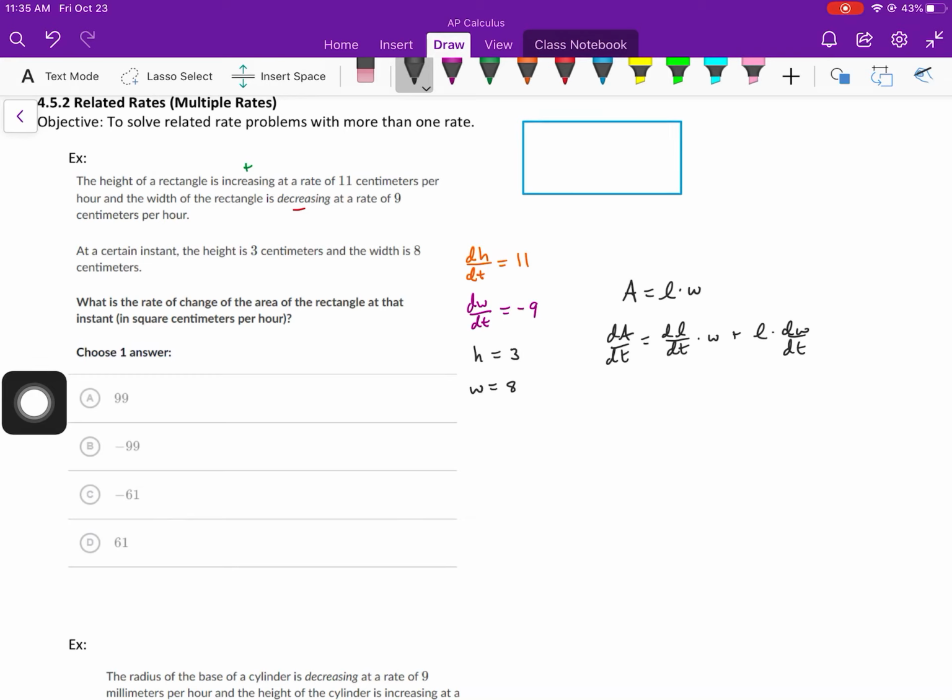We just have to be careful the way we plug this in. Oops, why did I use length times width? We're using height and width, right? So instead of L, let's call this width times height. Same formula, it's just multiplying.